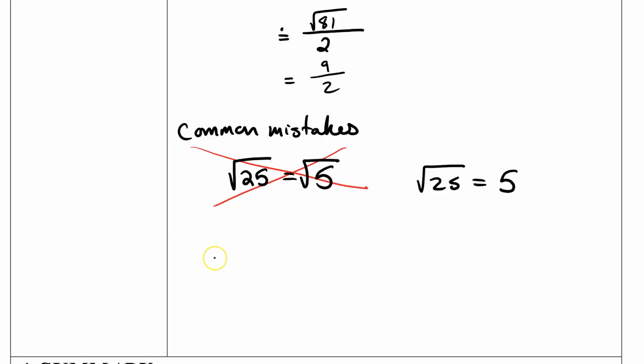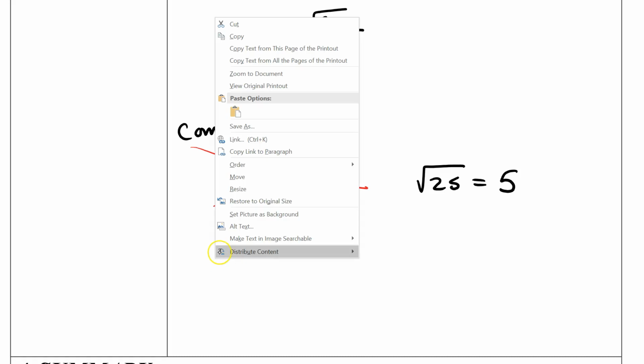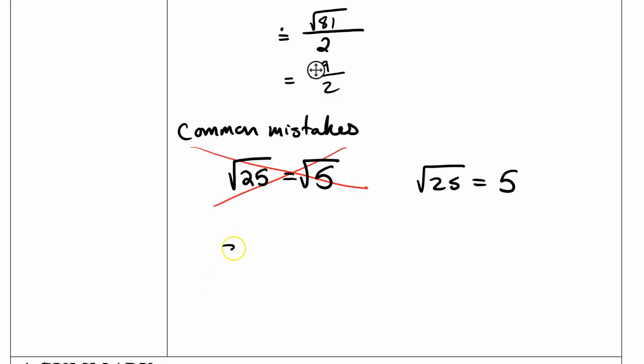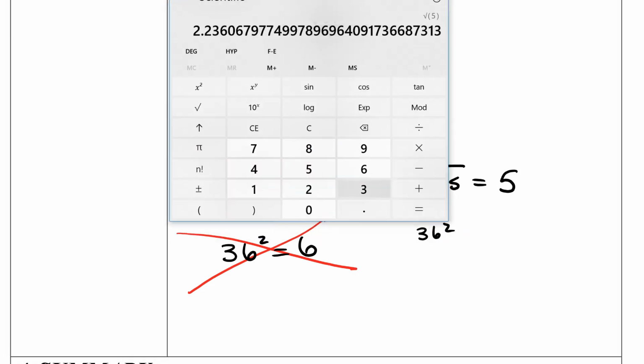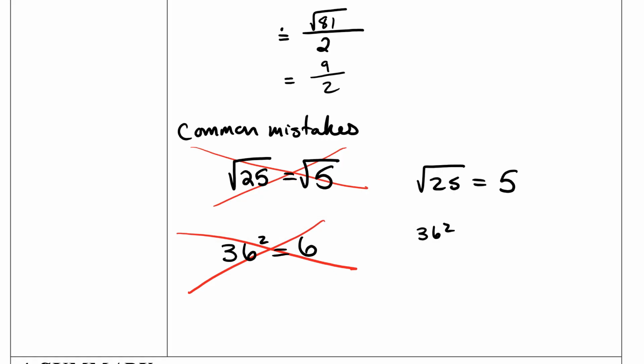Here is another common mistake, actually. 36 squared is 6. I'm going to put another big red X here. 36 squared, let's think about it. 36 to the power of 2 is 1,296. Okay, it is definitely not 6.